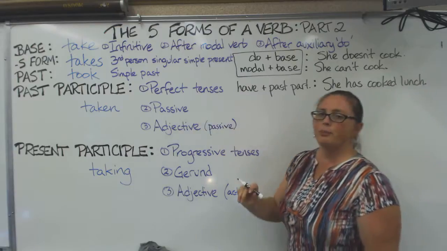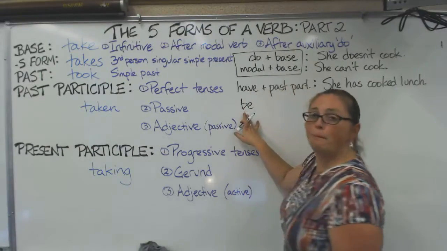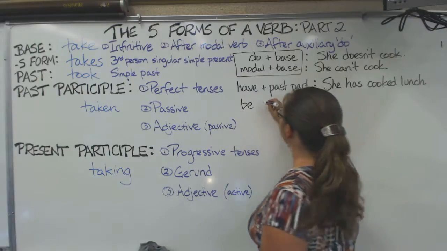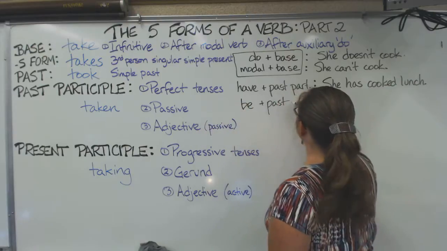We also use the past participle with the be auxiliary verb to form the passive.